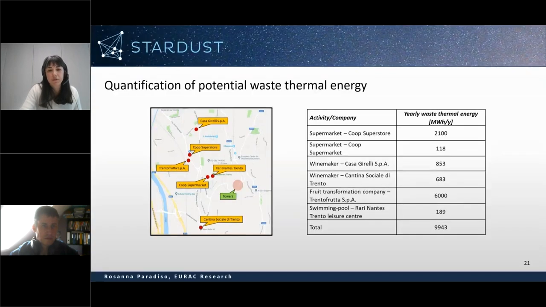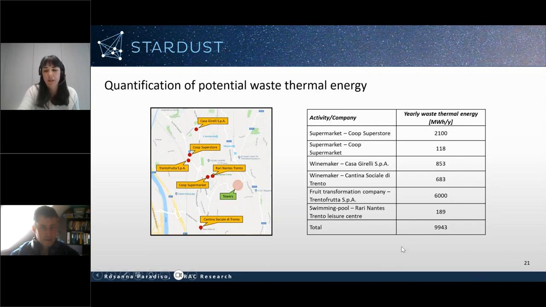So just to recap a little bit, these are the quantification of potential waste thermal energy. These are the activities on the left, and the available waste thermal energy per year.